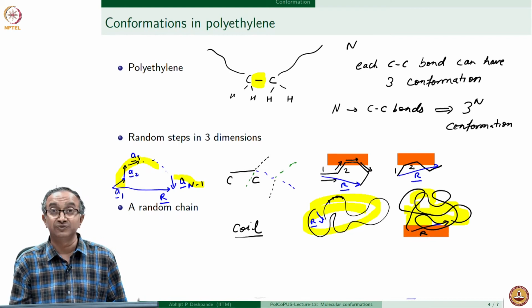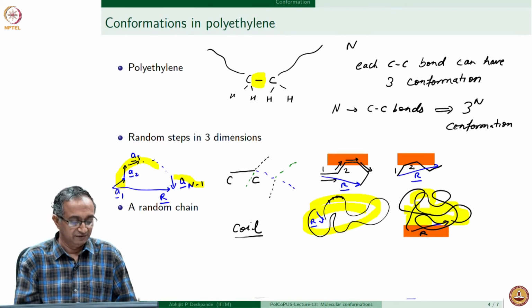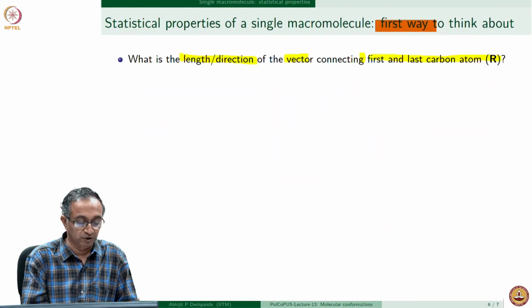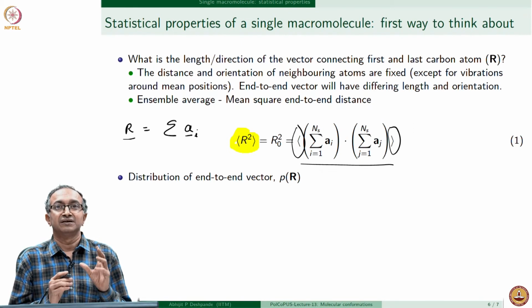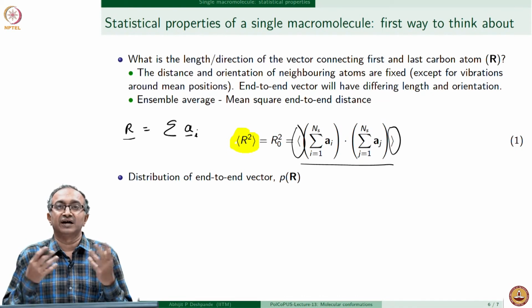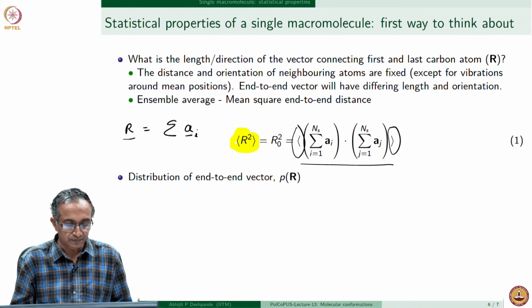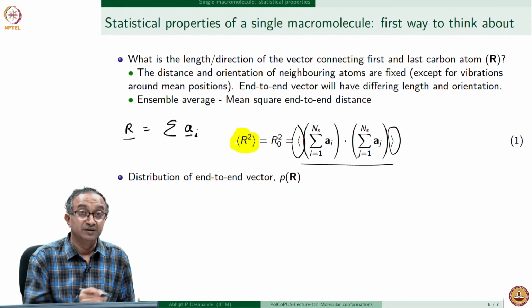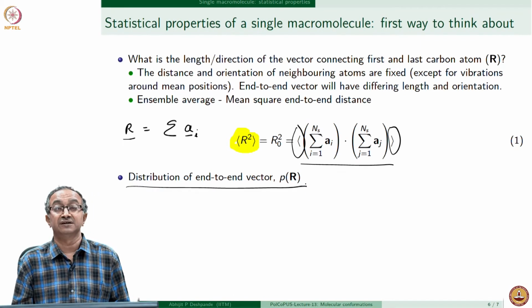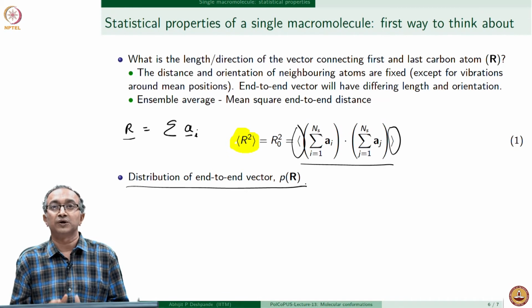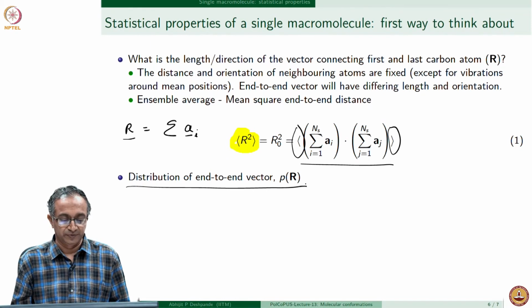So if I start doing dot products of A1 with A1, A1 with A2 and A2, eventually algebraically you can show, because of the randomness associated with this random chain, that this can simplify as long as we say that the chain can have different conformations at a random scale. So therefore we can describe different types of properties, different types of chain by specifying this end-to-end vector and the probability associated with a specific instance of conformation of a macromolecule.